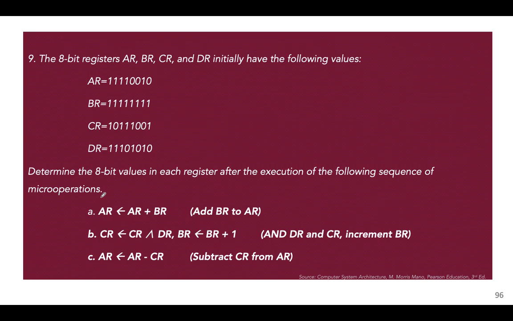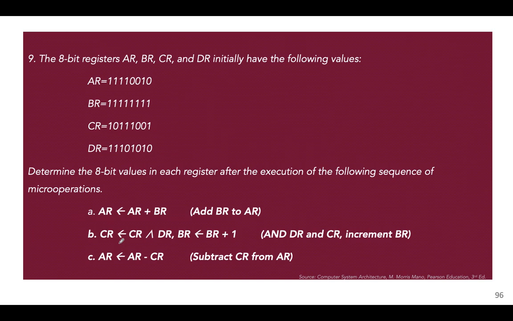All right. The 8-bit registers AR, BR, CR, and DR initially have these values. Determine the 8-bit values in each register after the execution of the following sequence of micro operations. Very simple. All the registers are given to you. These micro operations you have to perform on these values and find out what the final values are.